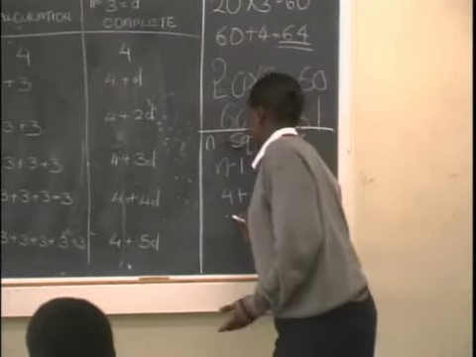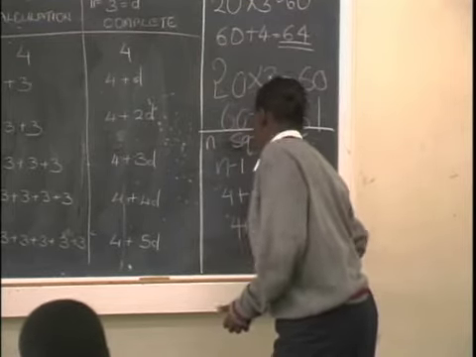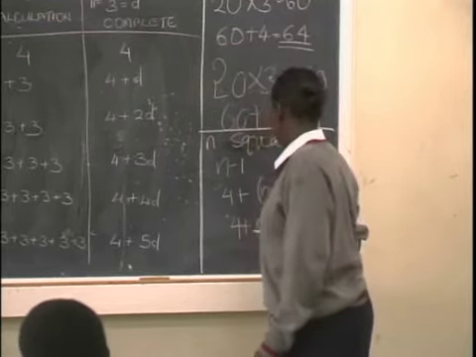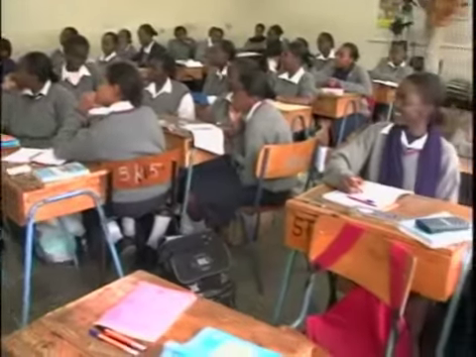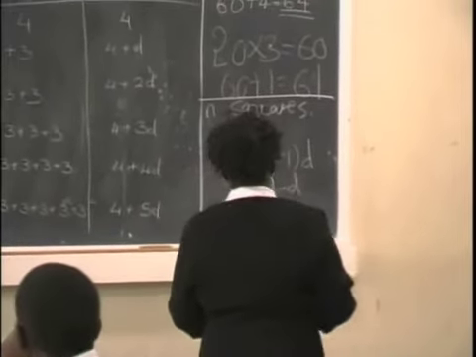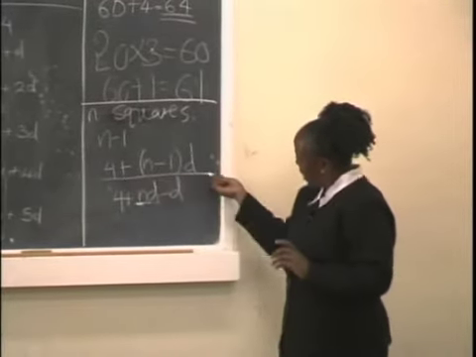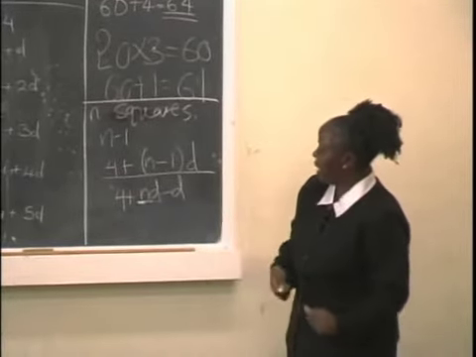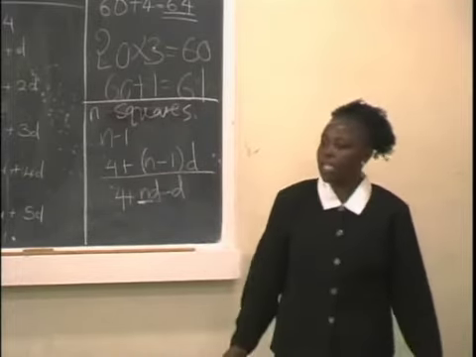Open the brackets: nd minus d. Yes. You have the same? Yes, that is very good. Group 1: to make n squares, we use 4 plus n minus 1 d number of matchsticks.